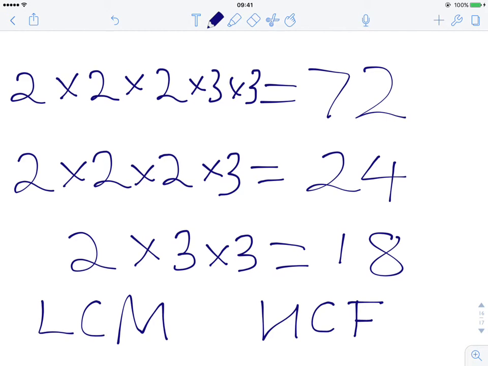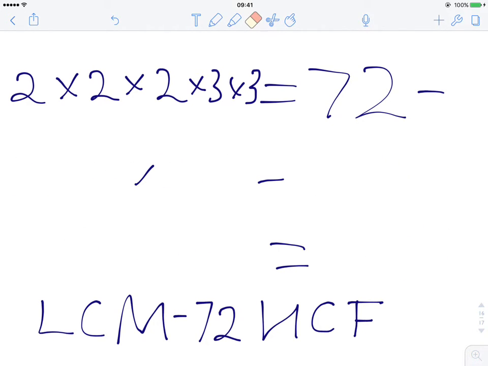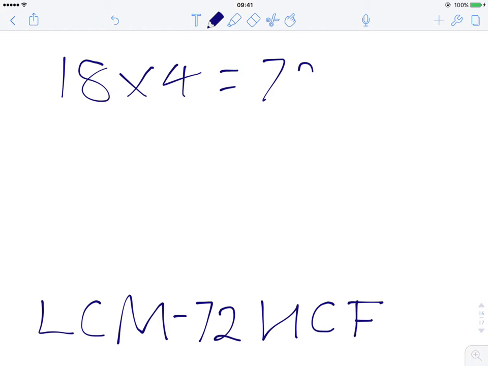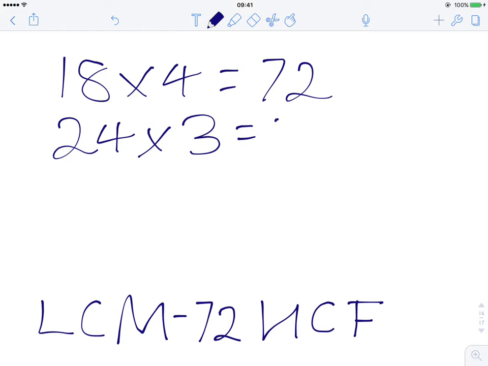Okay, so the lowest common multiple is a multiple for which all of these three are factors, and you might want to prove this yourself, but that is 72. 18 times 4 is 72. 24 times 3 is 72.